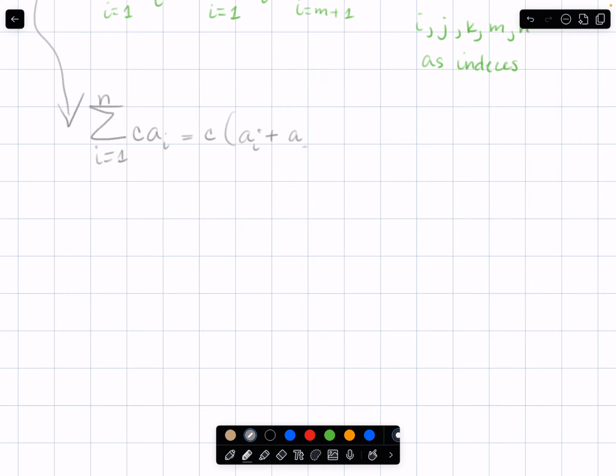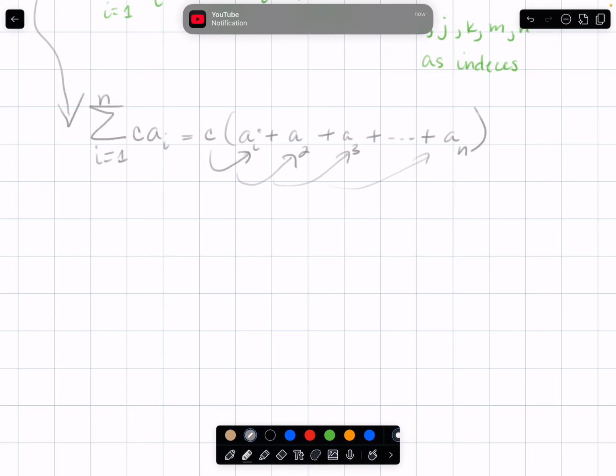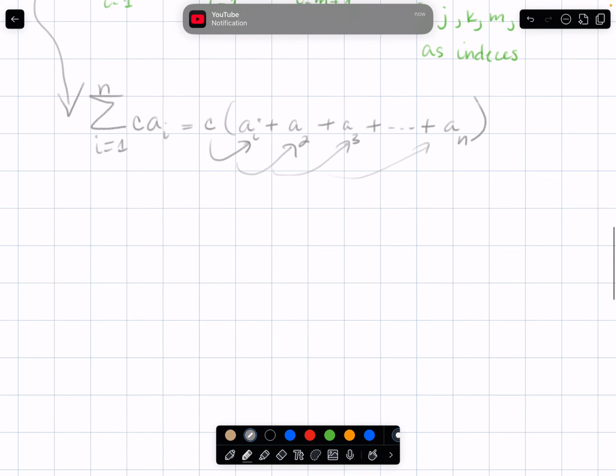Factor out a C, until we get to the last number. And you can see, if you were to multiply each one of them like that, it won't make a difference. You still get the same answer, right?